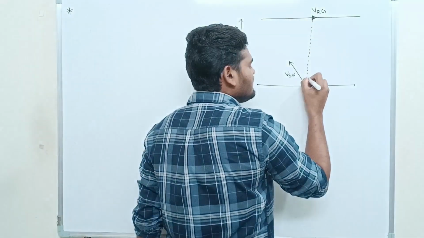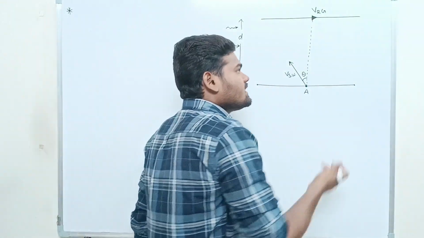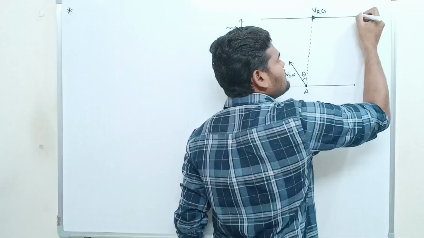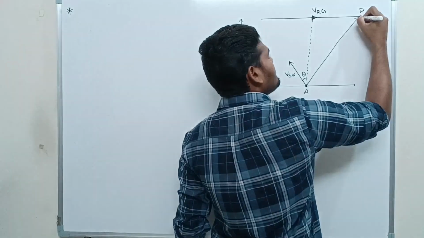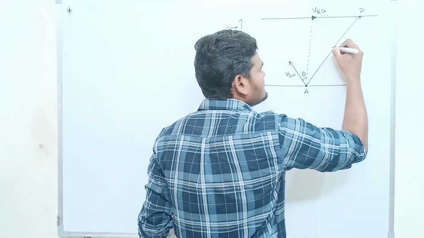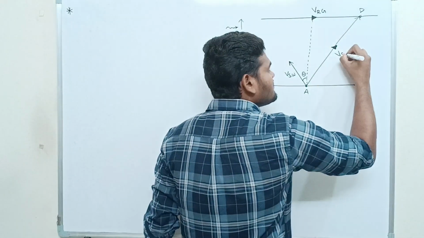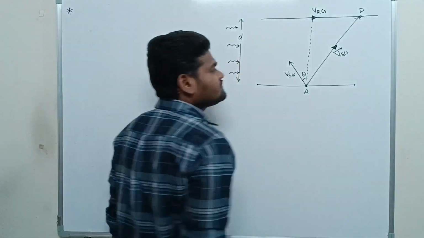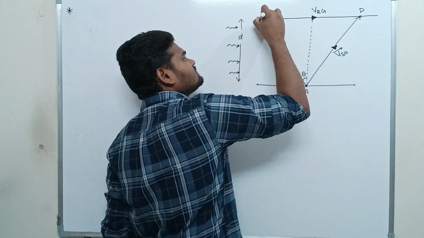After some time, he reached the other end of the bank of the river at a point B. So now what is this? This is the velocity of swimmer with respect to ground. So I'm just extending this line like this.